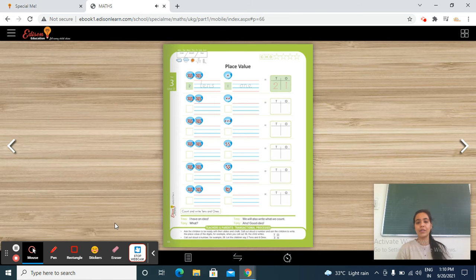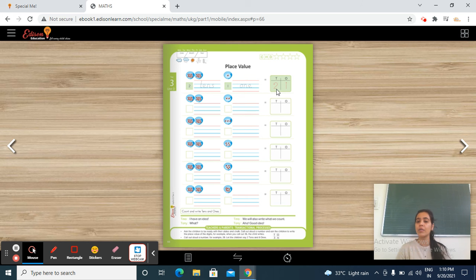So students, as you know that we had covered the concept of place value, and nowadays we keep on revising this concept with different kinds of worksheets. So this is a new worksheet where we keep on revising the same concept of place value. You know what is place value? Every number is having a place, having a value, right?